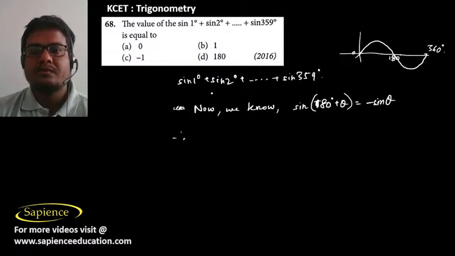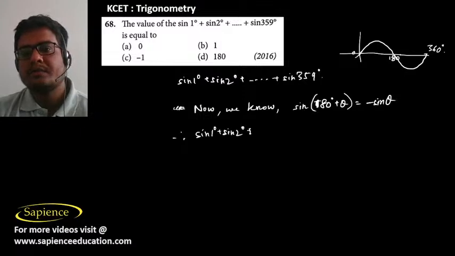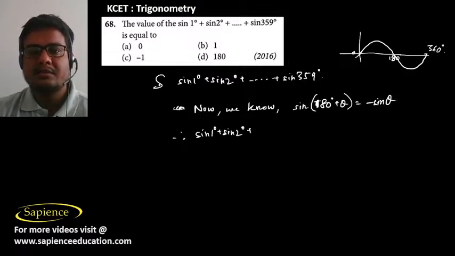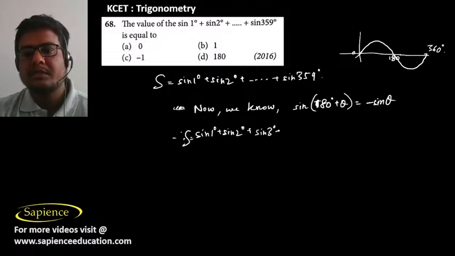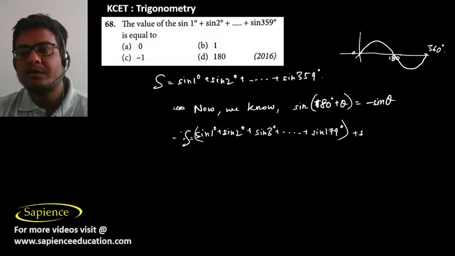So now let this sum be S. So this sum S can be written as sine 1 degree plus sine 2 degree plus sine 3 degree plus dot dot till sine 179 degree, and then sine 180 degree, which is 0, we know that.